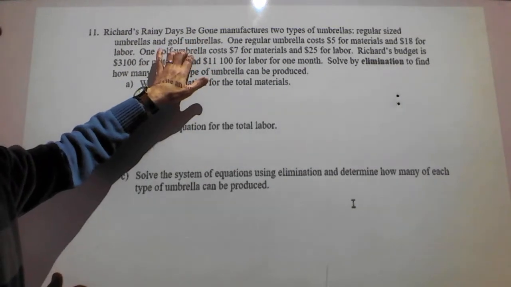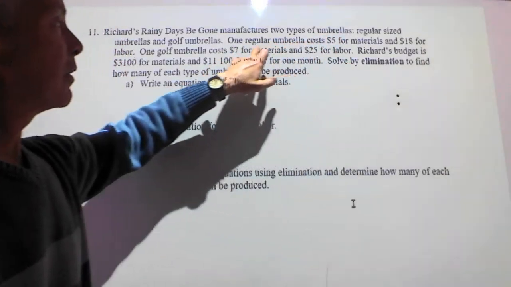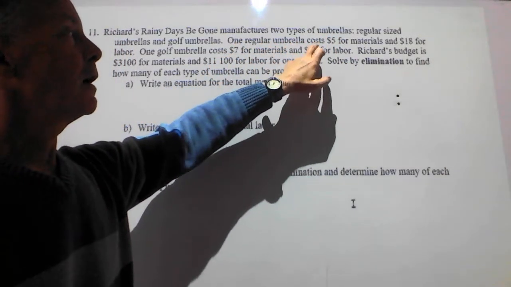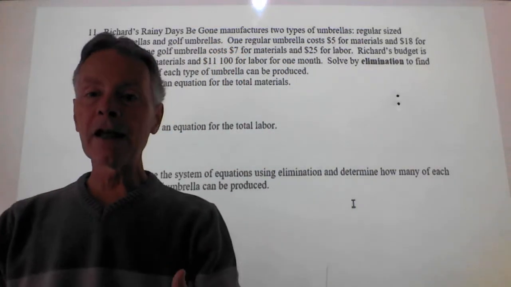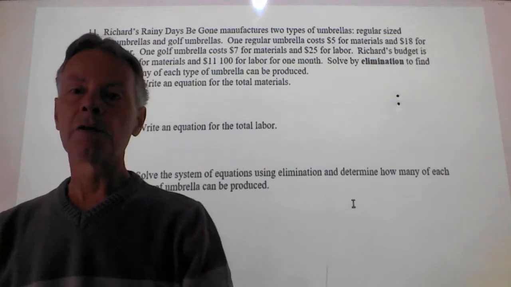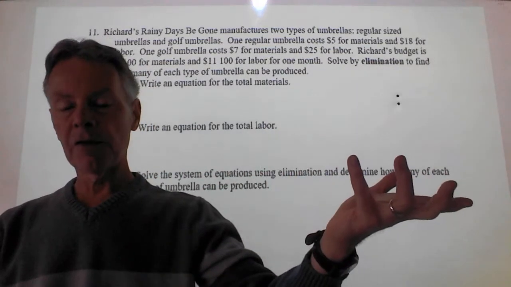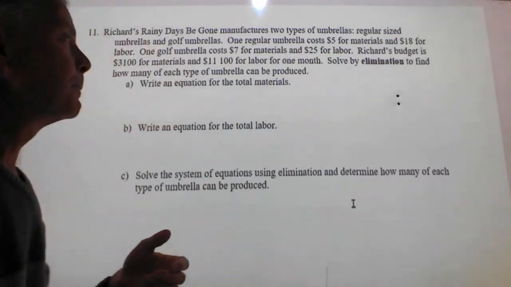One golf umbrella costs $7 for materials, so a little bit more for materials, and $25 for labor, again, a little bit more for labor. Okay? So we're breaking the manufacture of this object, an umbrella, into how much you pay for your materials and how much you have to pay to actually make it for your labor.